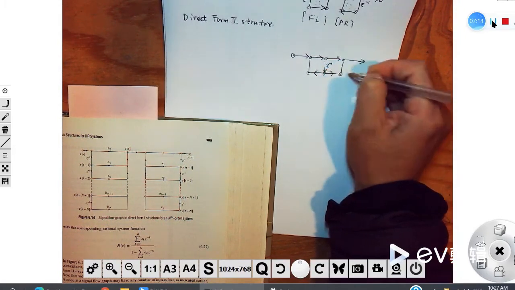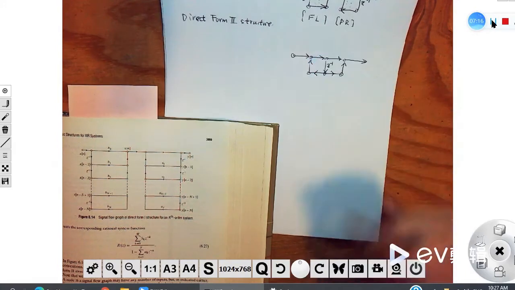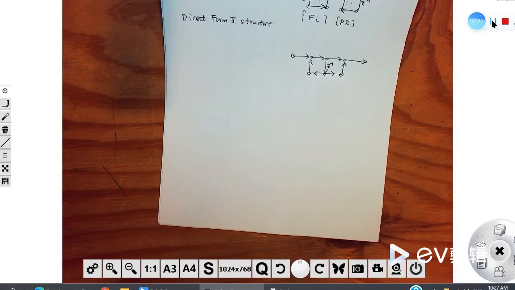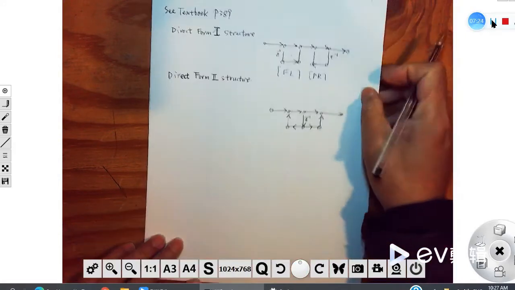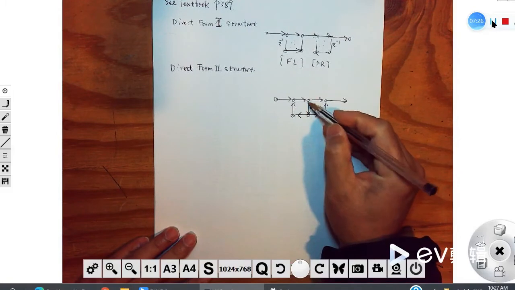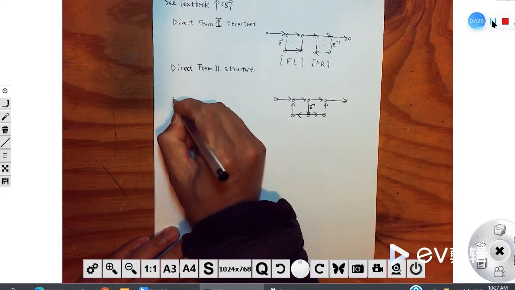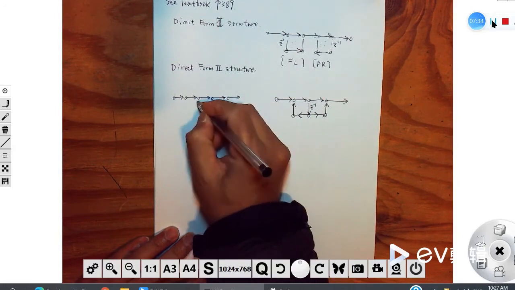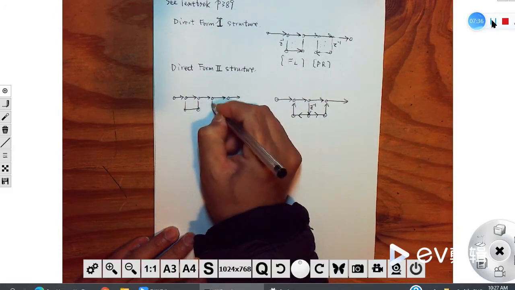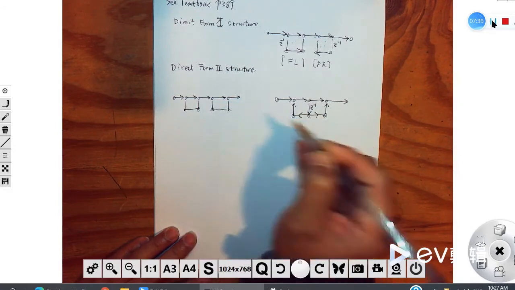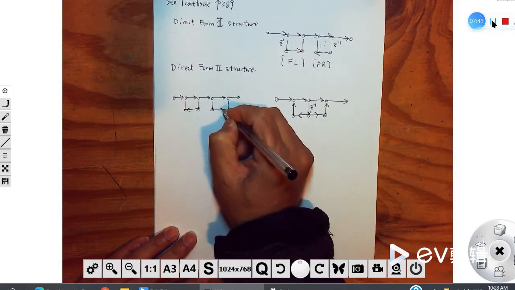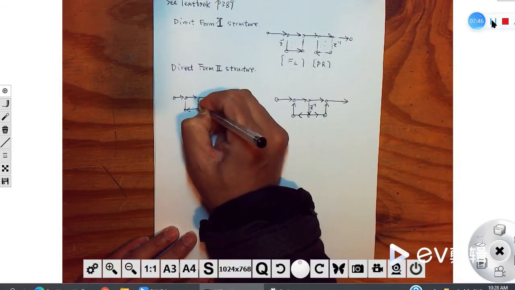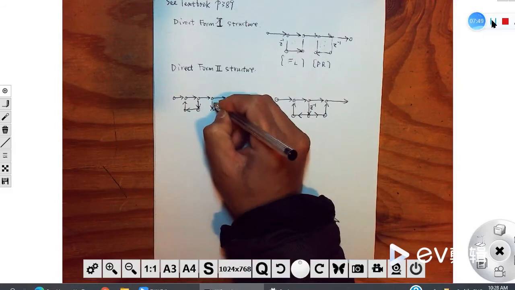Like this one, this is a direct form 2. Here actually we merge it. This is coming from this one. This is this way. This is this way.